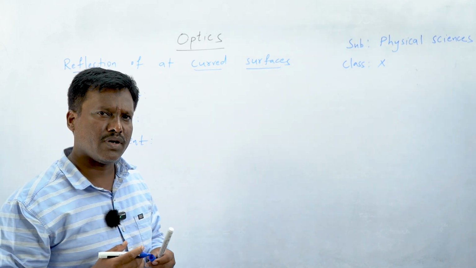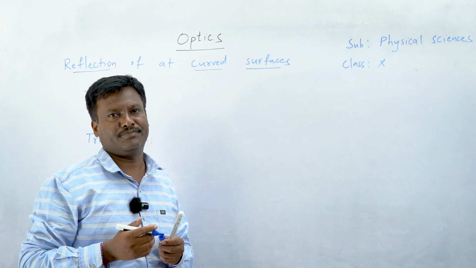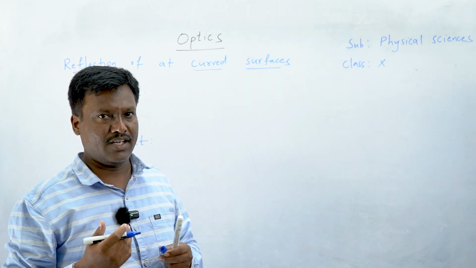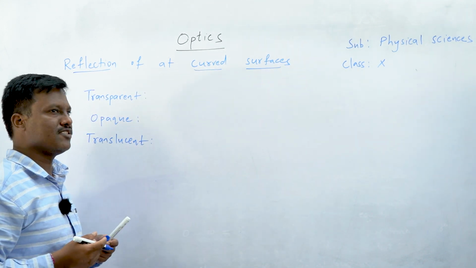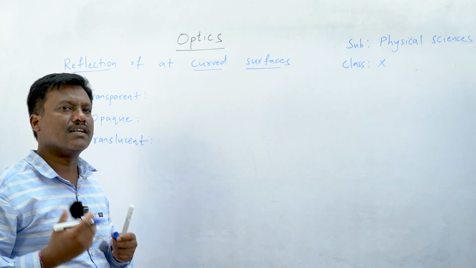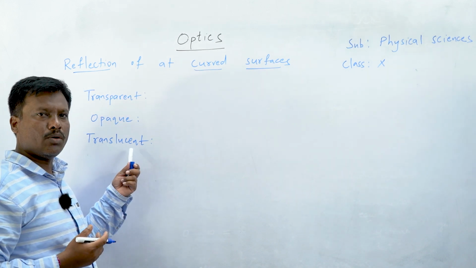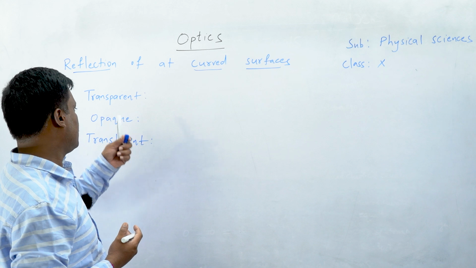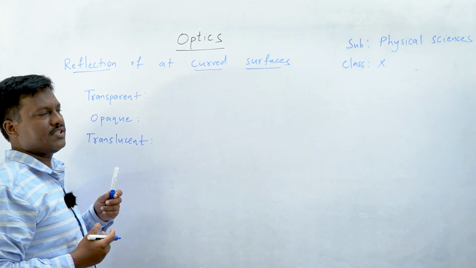Oil paper, trace paper, dust glasses are examples of translucent. When we see objects through translucent material, we see them blurred.